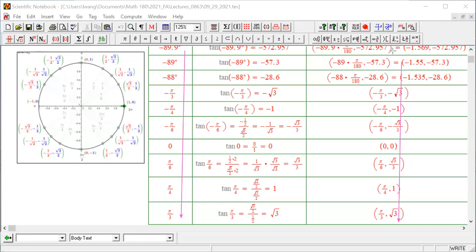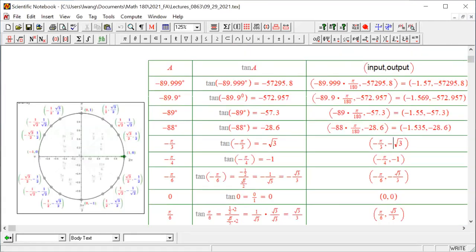And now in the other direction, as the input gets smaller and smaller, the output is getting smaller and smaller. Do you guys agree with me? That's another way of saying it's an increasing function, isn't it?